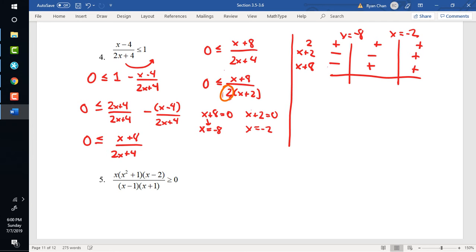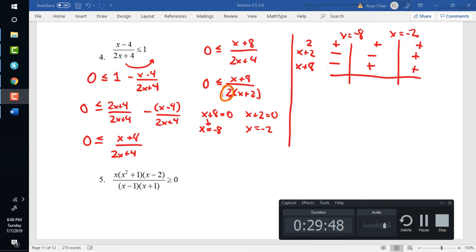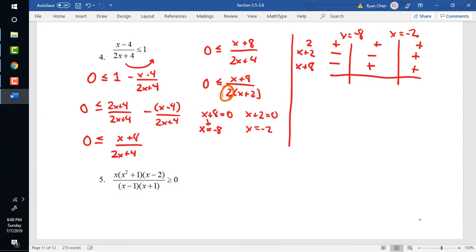Remember, if you're lost on this, I'm just plugging in a random number for each region. I would plug in, say, negative 9, I'll plug in, say, negative 5, and I'll plug in 0. It doesn't have to be those specific numbers as long as they fit in your region. For the middle part, I have to plug in a number that's between negative 8 and negative 2, so I could plug in something like negative 3.